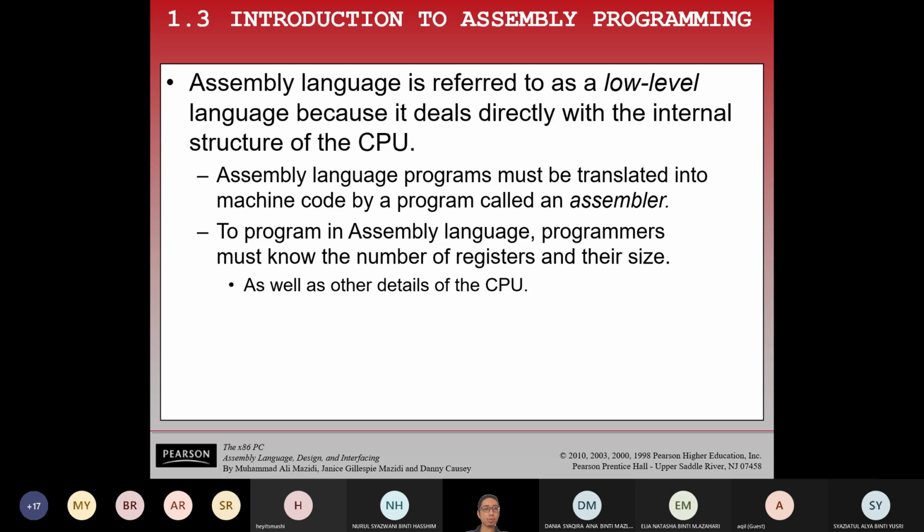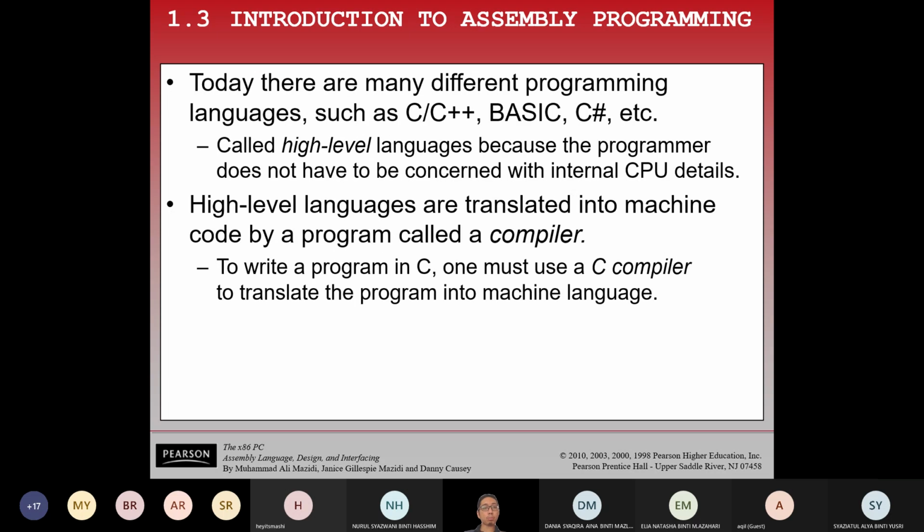To program in the assembly language, the programmer must know the number of registers and their size, as well as the other details of the CPU. But the most important is to know the register, what type of register that you want to use.